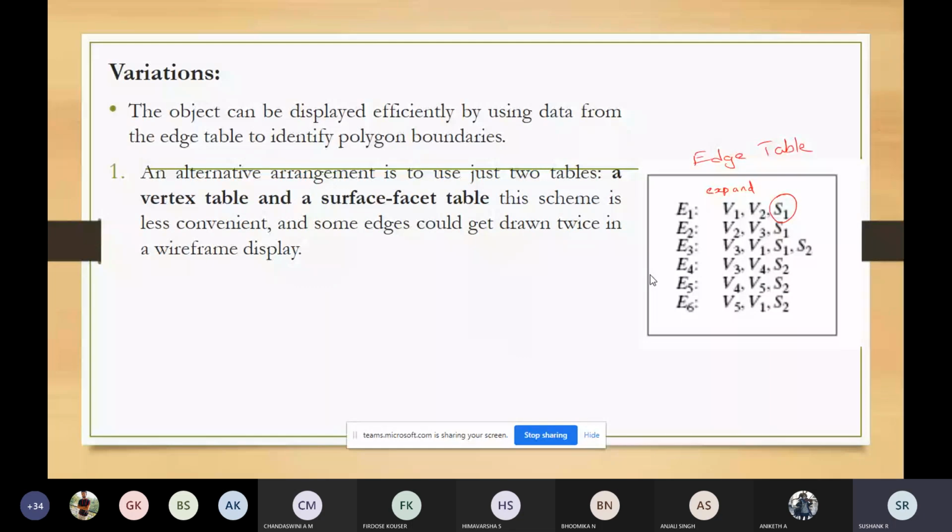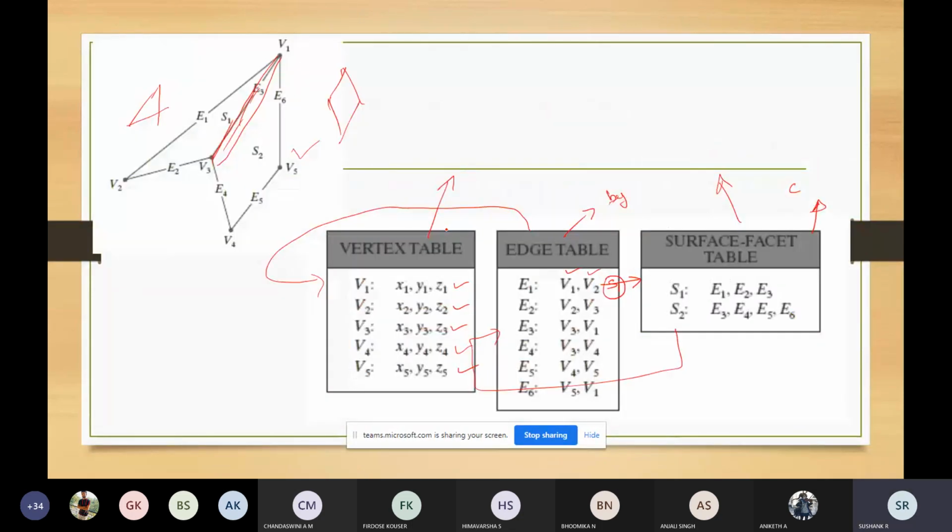We have drawn two diagrams; I will explain here only. It is divided into two parts for convenience. Edge E1, edge E2, and edge E3 belong to surface S1.